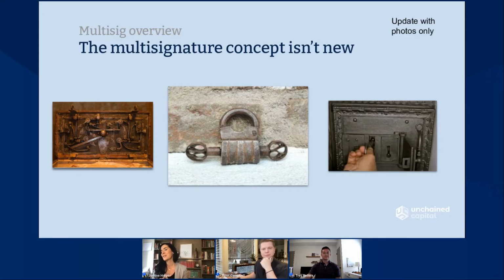What's going on there? So this technology is not new, but Bitcoin solved a very big flaw in this technology, right? When you have to bring all keys to one location to unlock something, that is a single point of failure. If you have a physical item, right, that can be drilled into, broken, that's a single point of failure.